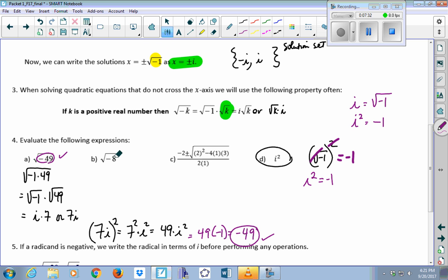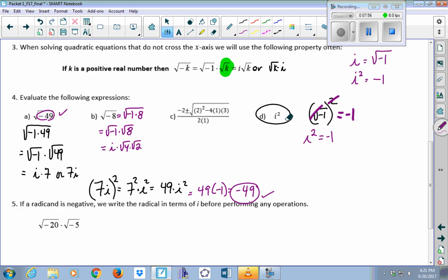Okay, let's take a look at the second radical here. This radical can be rewritten as the square root of negative 1 times 8, which can be rewritten as the square root of negative 1 times the square root of 8, which can be written as i times the square root of 4 times the square root of 2. And the square root of 4 is 2.